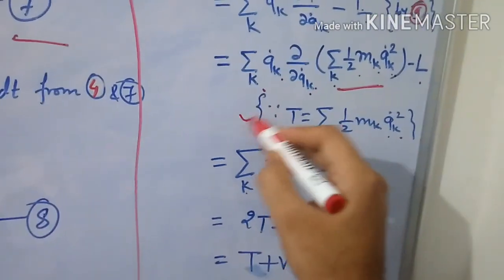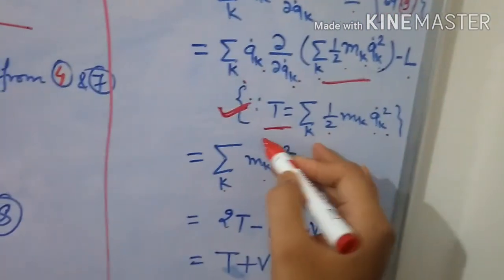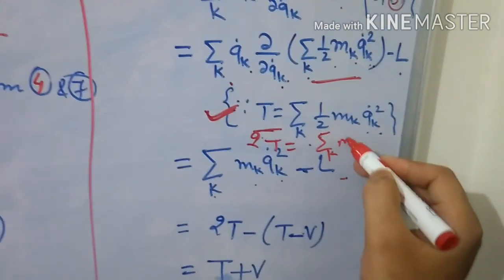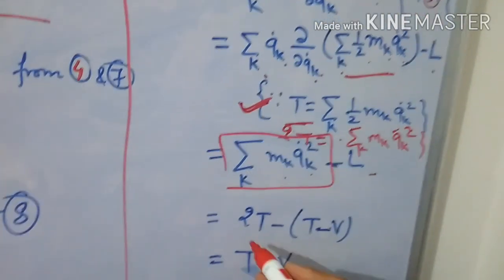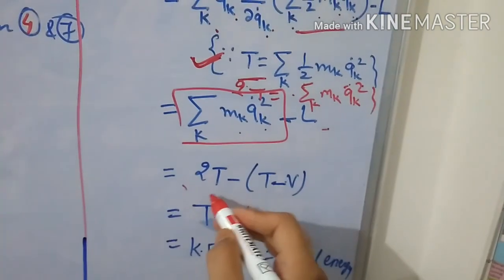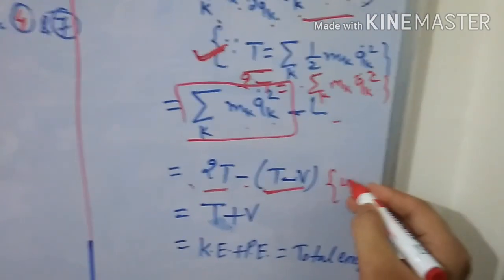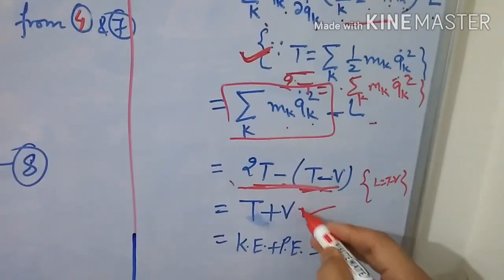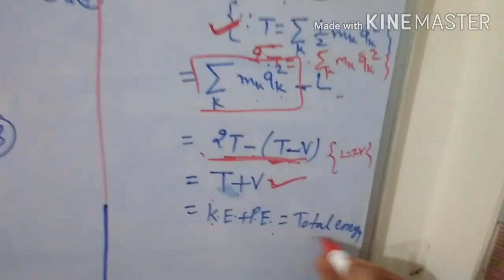Now from this equation we observe that 2T is equal to summation k mk qk dot square. So this term is replaced by 2T, and then we have 2T minus (T minus V). Why? Because L is equal to T minus V, and calculating this, we get T plus V, that is kinetic energy plus potential energy, which is equal to total energy.